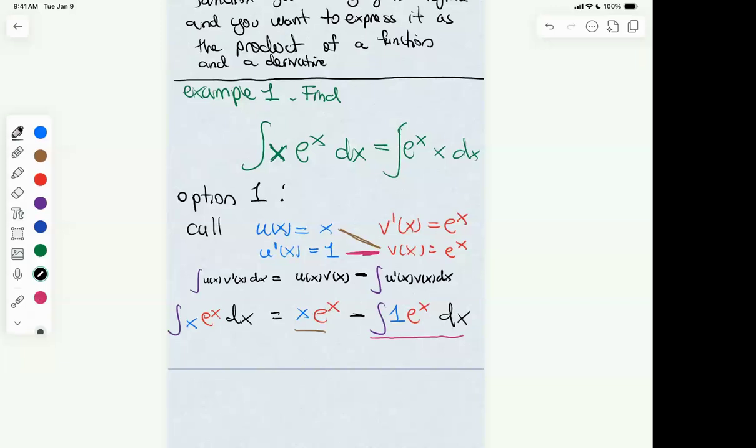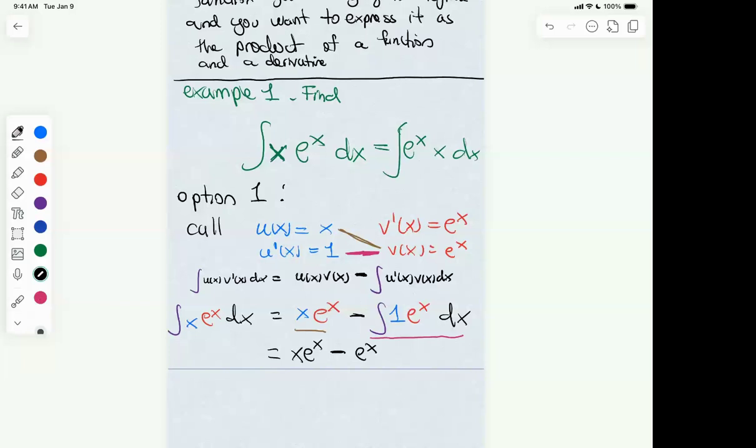Is that making sense? So far, so good. Questions about that? Okay, and this doesn't look that bad, because it's useful to compare the first with the last terms. This was a harder integral and we traded it off for something easier, because this is just integrating e to the x. The integral of e to the x is just e to the x. So that gives you x e to the x minus e to the x.